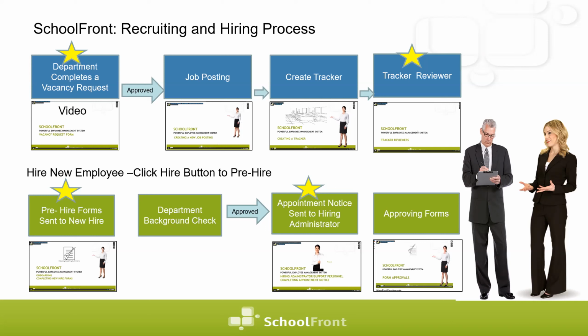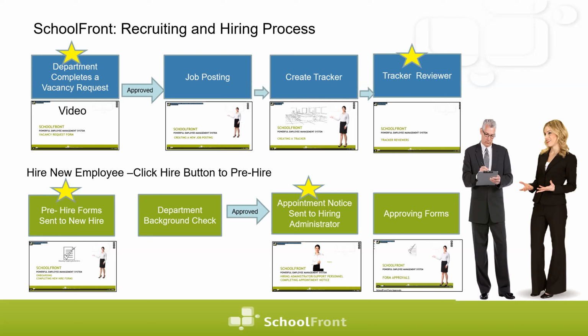Once the background check has cleared, you'll be sent an automatic email that says, hey, Jennifer Lean's background check has cleared. Expect an appointment notice to be filled out by the hiring administrator and the clerical or support staff who is going to fill out that appointment notice. And we'll get into that.